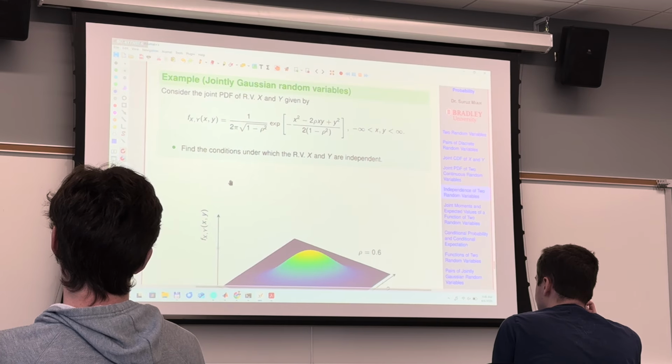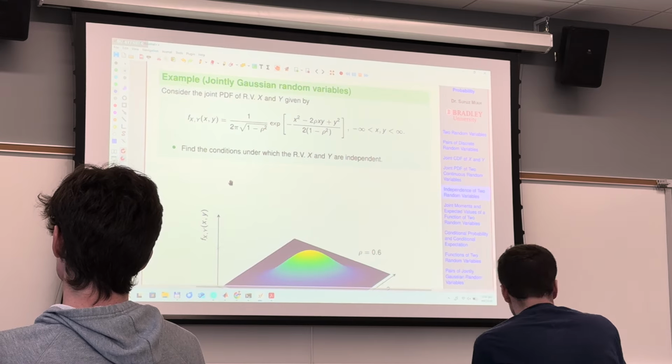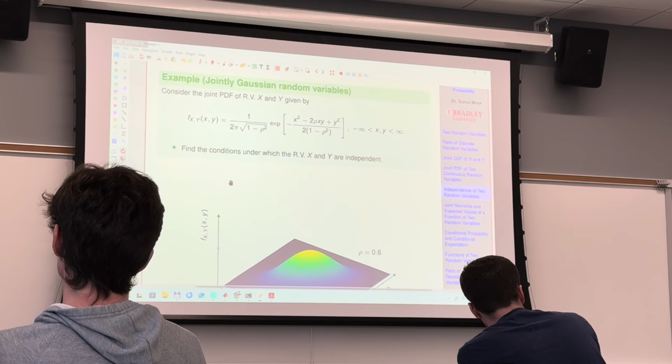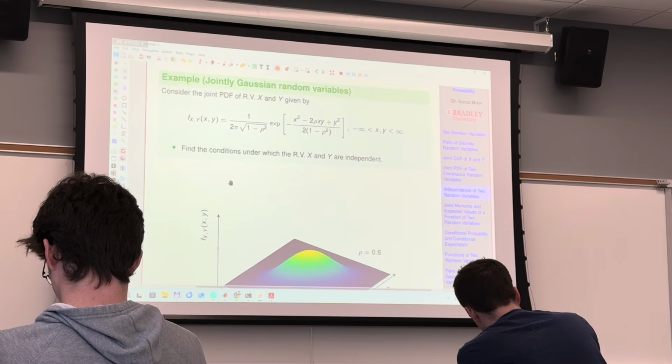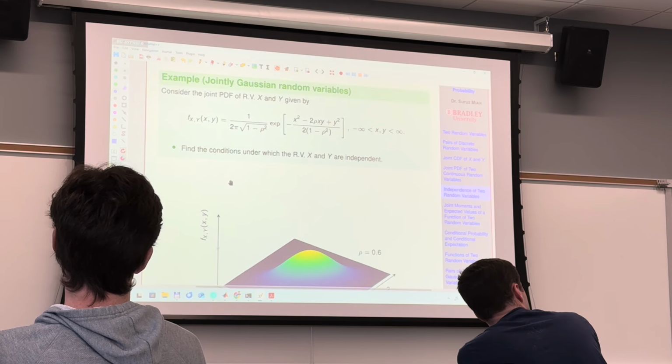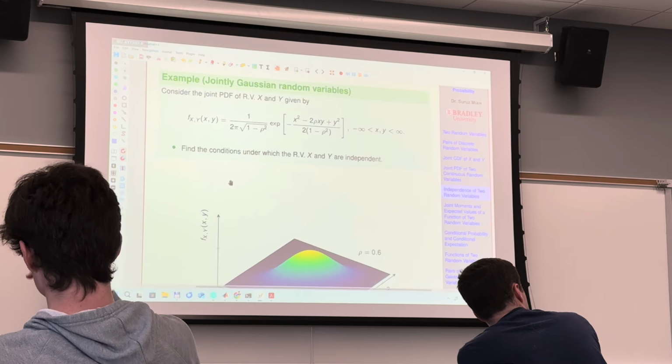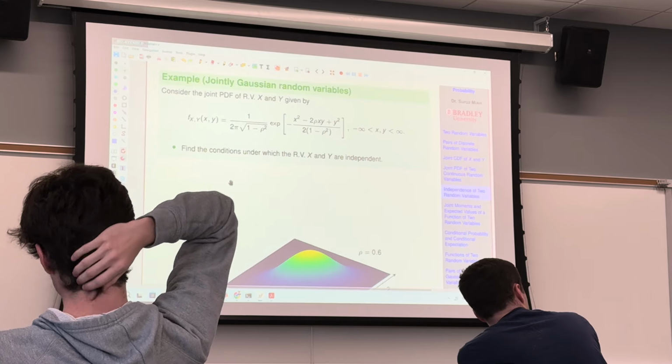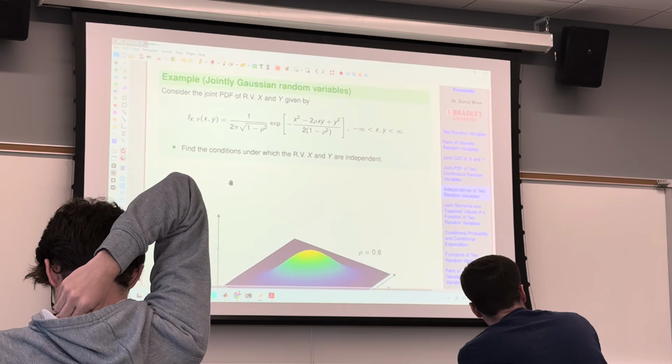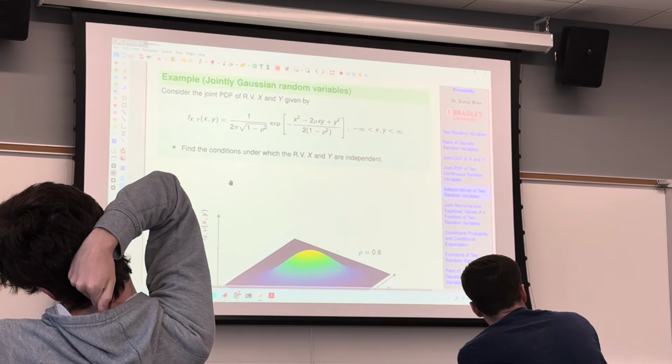Intentionally, in the plot I'm showing, I wrote my code with rho equals positive 0.6 instead of negative, just to highlight that this time my 3D plot of the joint PDF is in the positive direction. You can just control rho to make it a different shape.